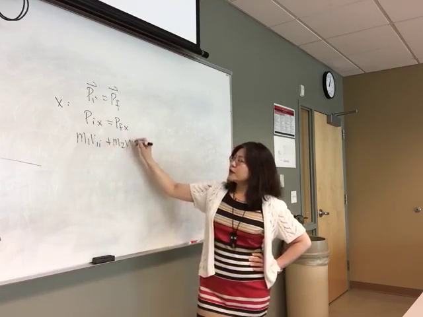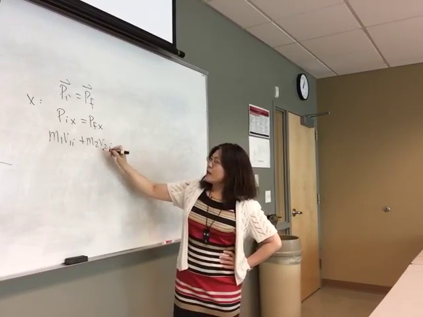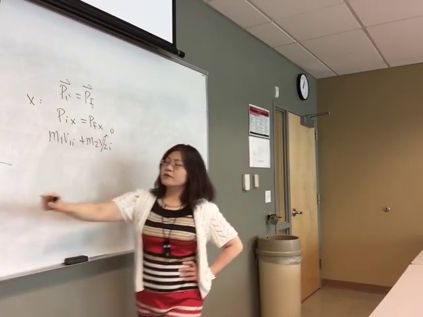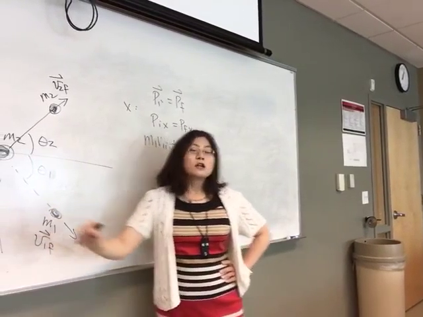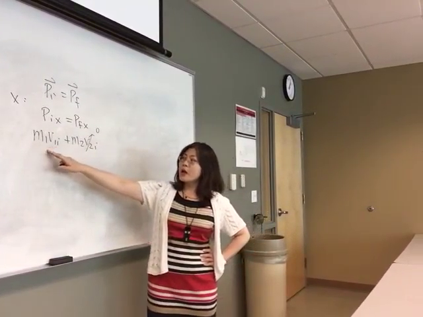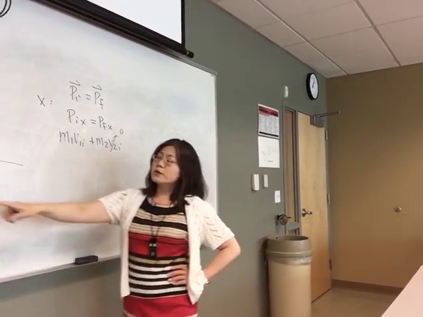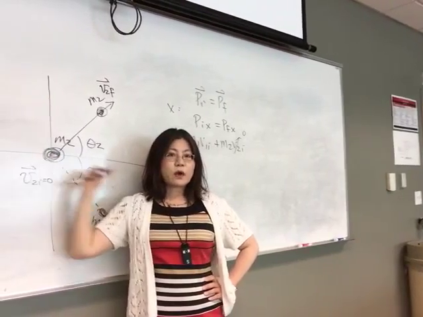And then you have your M2 V2i, but this is equal to 0 because it is not moving. So the only term that will contribute to the initial linear momentum is M1 V1i, because V1i is just rightward.